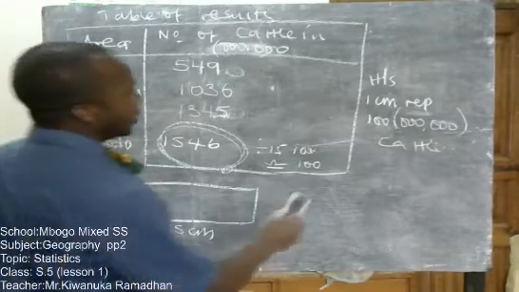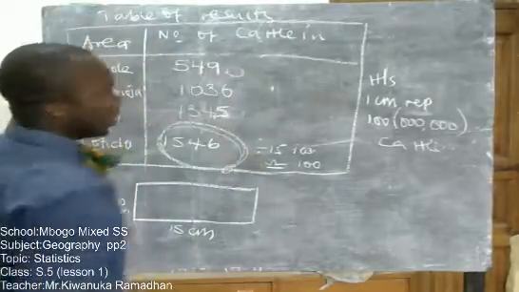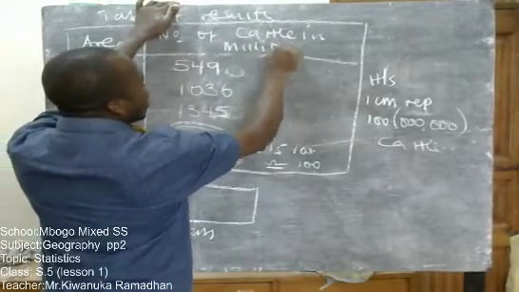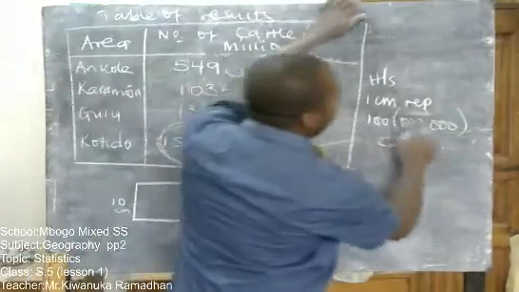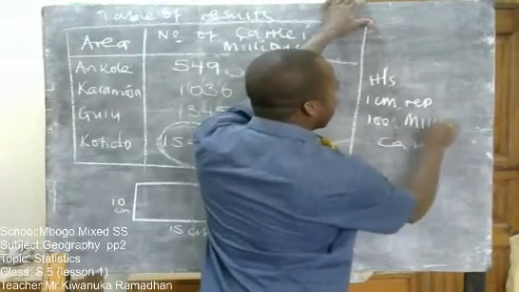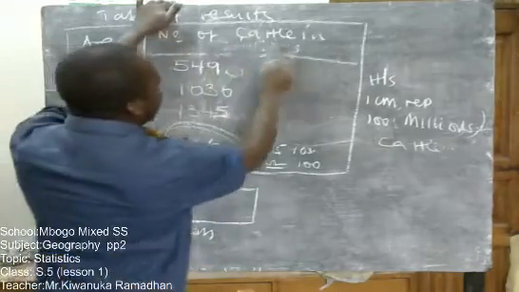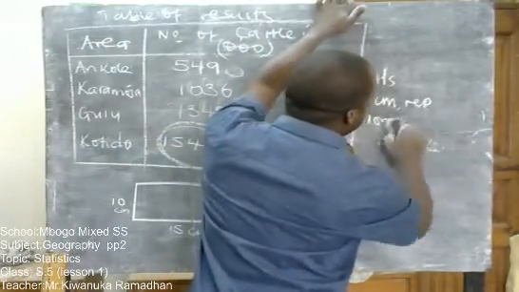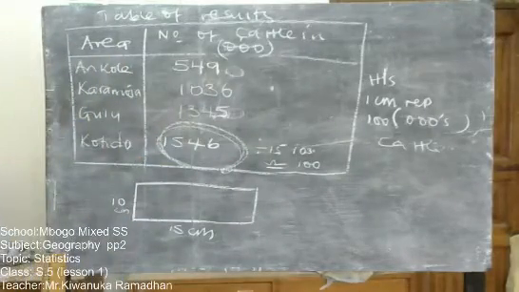Had the number of cattle been in millions, then even here we would still put millions, but ours was in thousands, 3 digits. That is what we have in the table.